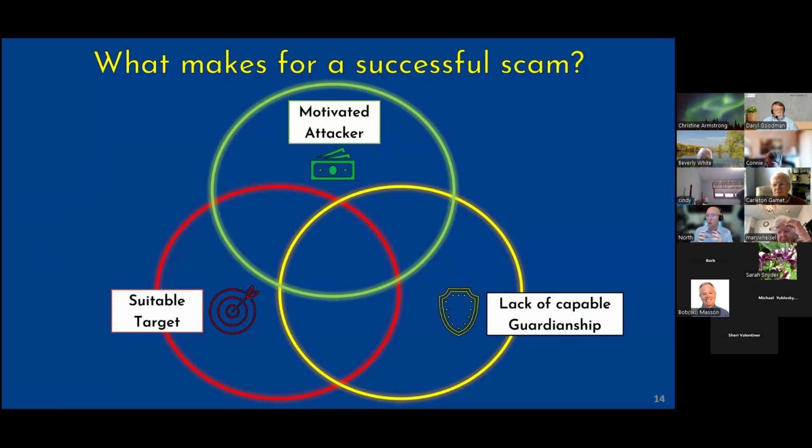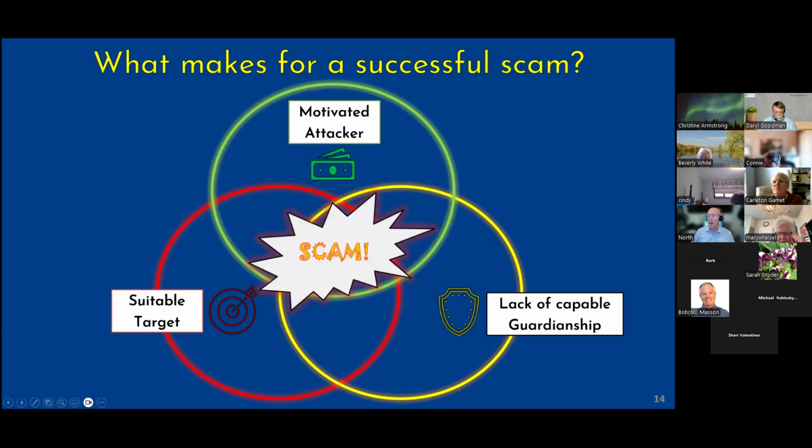Basically, that is a loophole in the armor because somebody is not paying attention to something. That is what lack of guardianship means. So if you mix those three things, a motivated attacker who finds a suitable target who is improperly protecting themselves, bam, scam, here we go. So that's the three components.